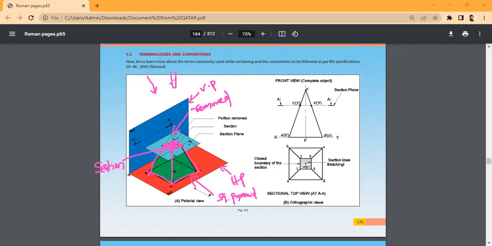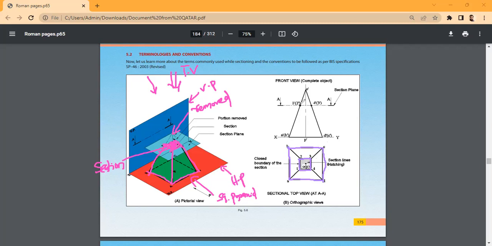Here, what is the top view? The top view is a square pyramid with a square section on top. The top view is a big square and a small square, right? Yes, sir.